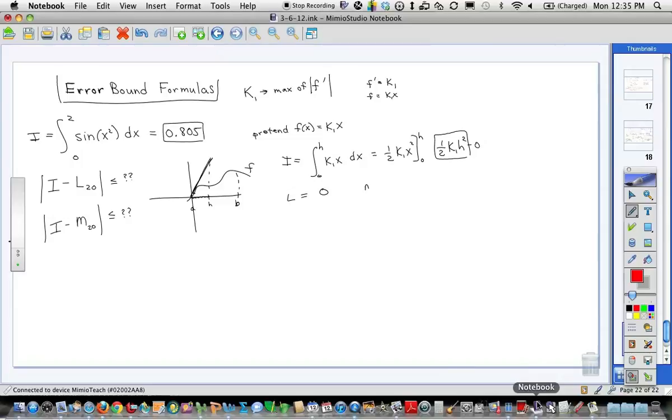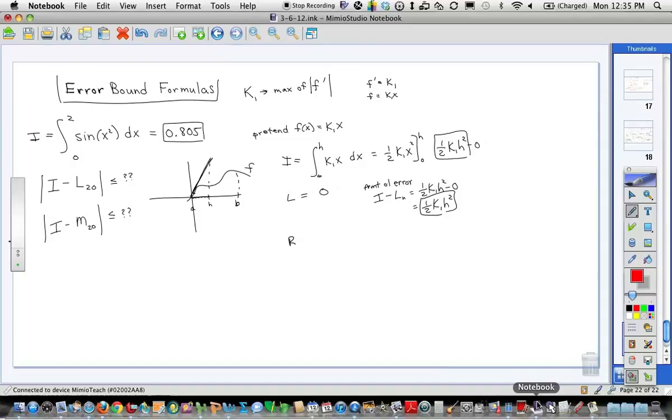So what's my amount of error? My amount of error would be my area minus my left rectangle. That would be 1/2 K1 h squared, of course, minus 0 again. Well, that's just 1/2 K1 h squared. Now we're going to come back to that in a second.